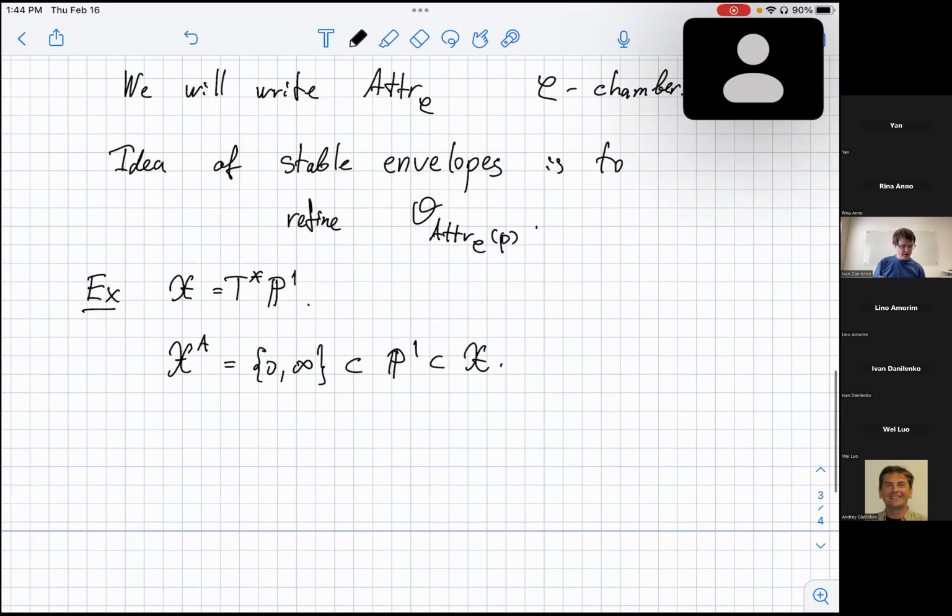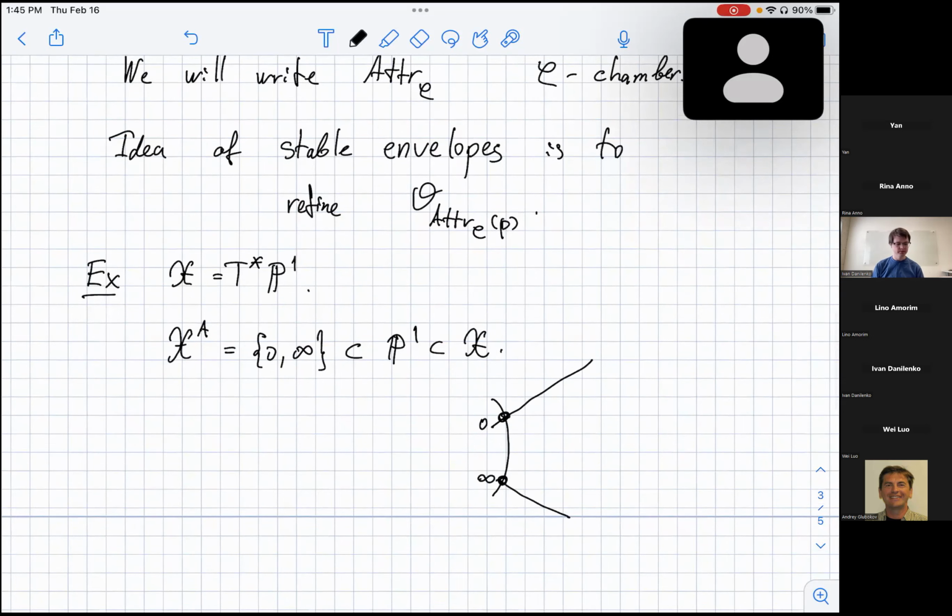So I will schematically draw it: I have the 0 section, I have my two favorite fixed points, 0 and infinity. And I will also draw what happens in their fibers. So this is the cotangent fiber to 0, the cotangent fiber to infinity, and here is the 0 section.